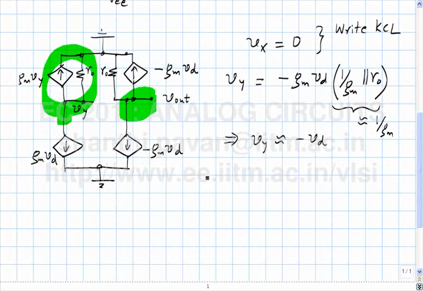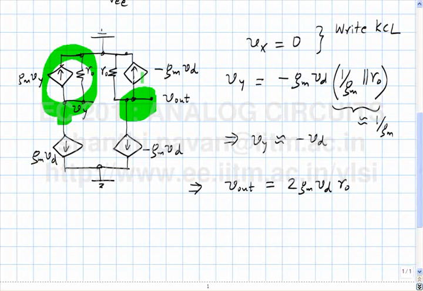So what is incremental V out? It is 2 Gm Vd times R0. Does it make sense?